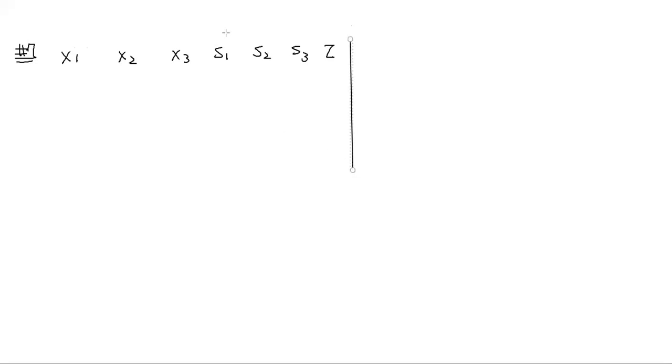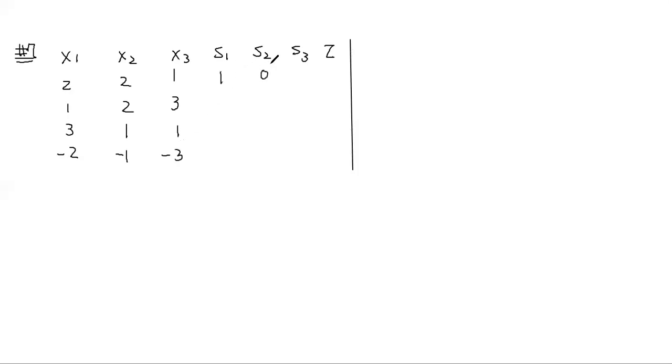So here, this is 2, 1, 3, negative 2, and then 2, 2, 1, negative 1. And this is 1, 3, 1, negative 3.